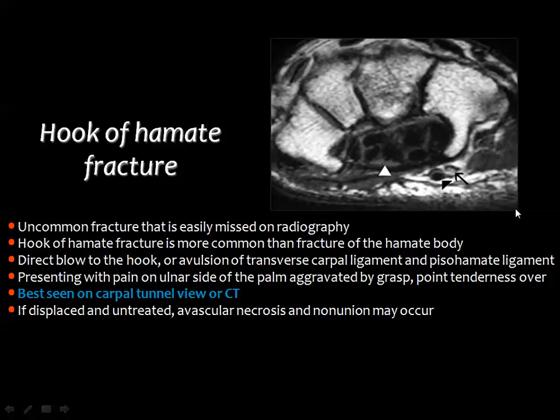You remember that the flexor retinaculum covering the carpal tunnel is stretched between the hook of hamate and the tubercle of the trapezium. This is the trapezium, trapezoid, capitate, and hamate. Sometimes this hook of hamate is fractured, and it is one of the causes of carpal tunnel syndrome.